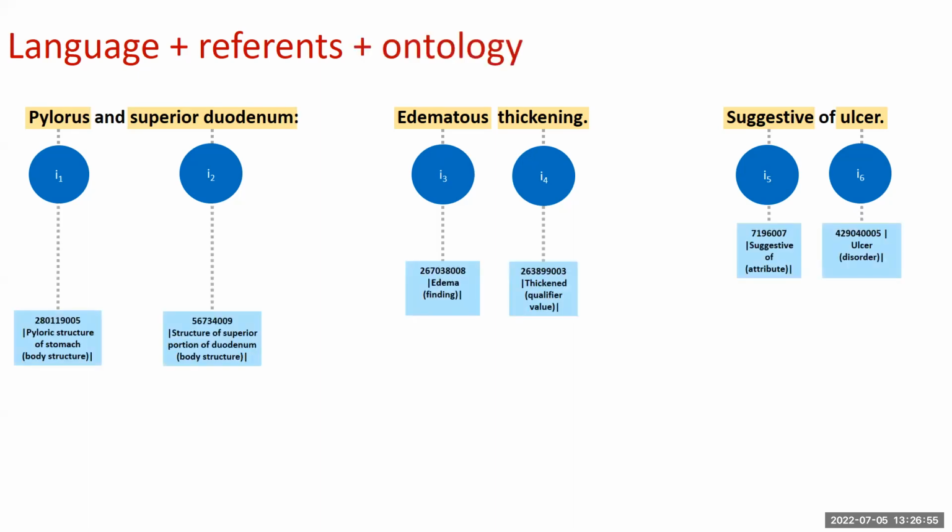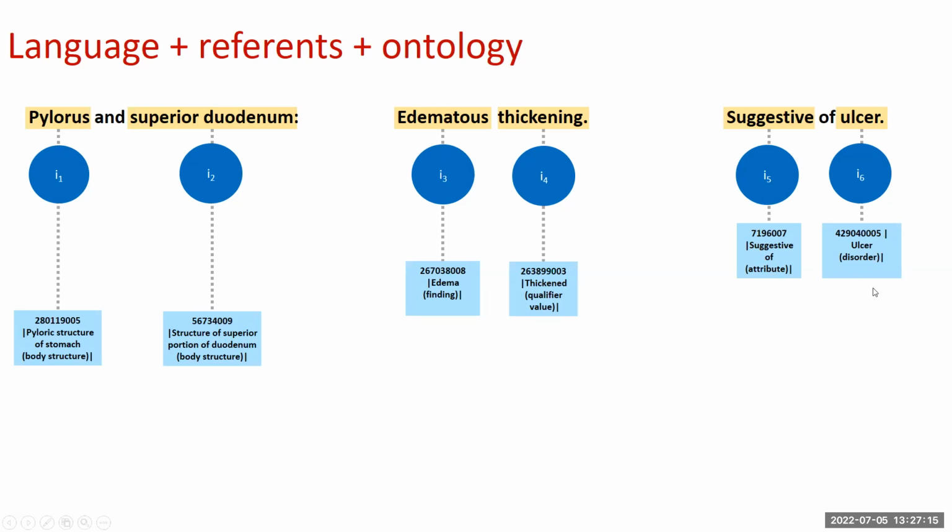And these references then can be linked to codes in a coding system, such as here SNOMED, and you have pyloric structure of stomach, structure of superior portion of duodenum, edema, thickened, suggestive of, ulcer.